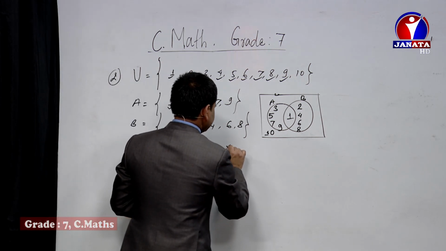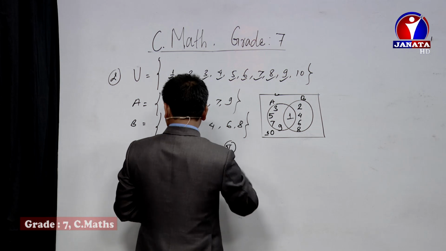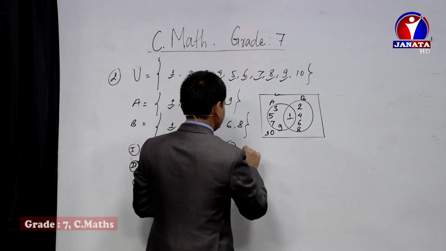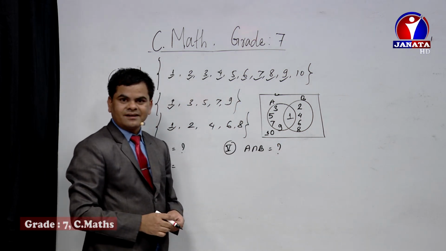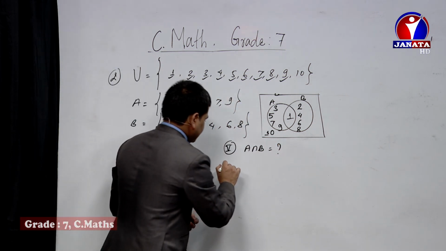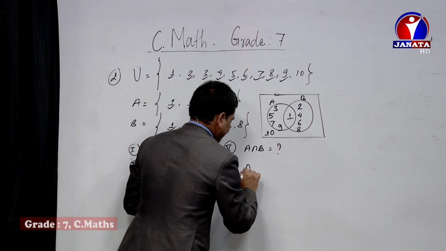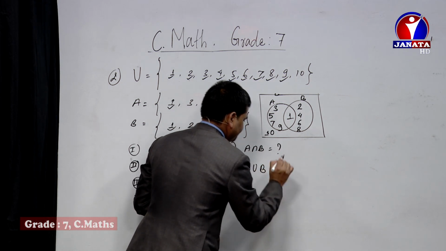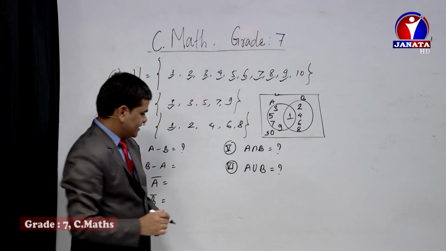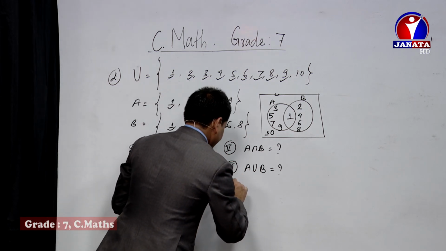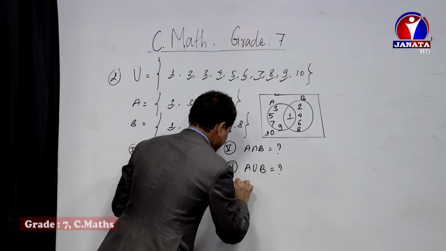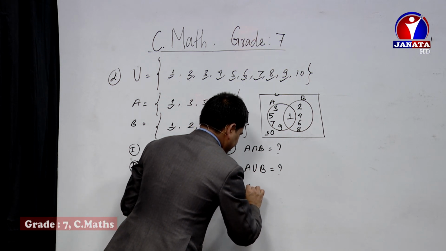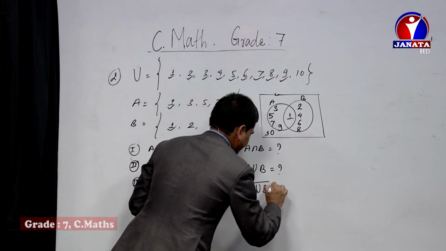Now, from the same question, the tag question, can you find out, dear students, A intersection B? Next question, can you find out A union B? Another one, dear students, can you find out A union B complement?